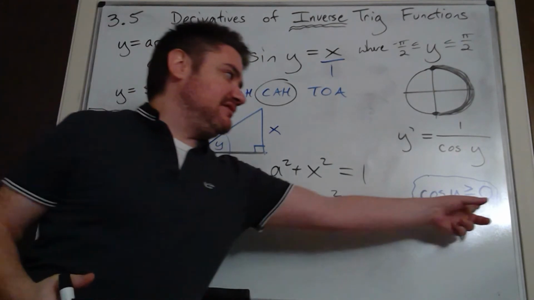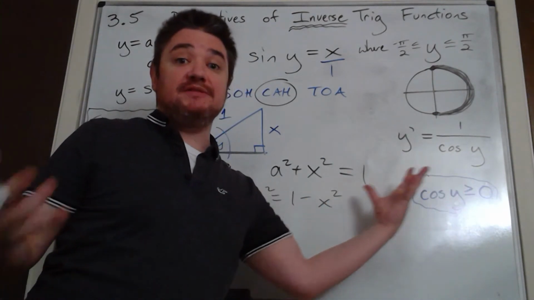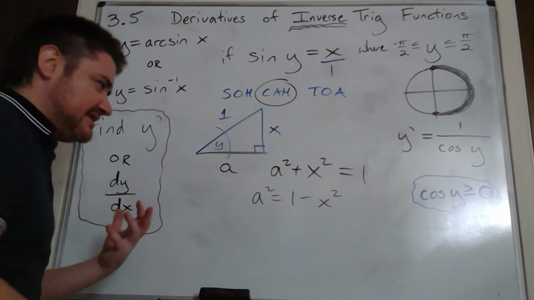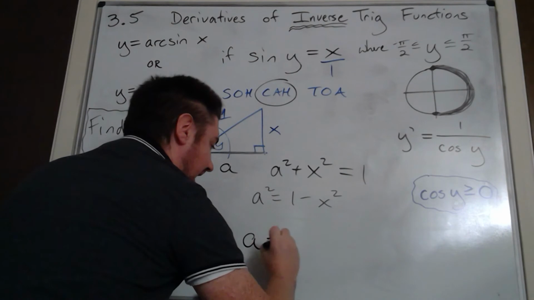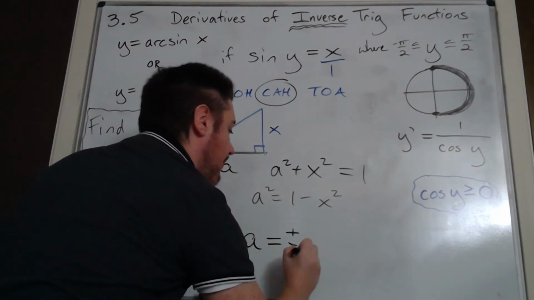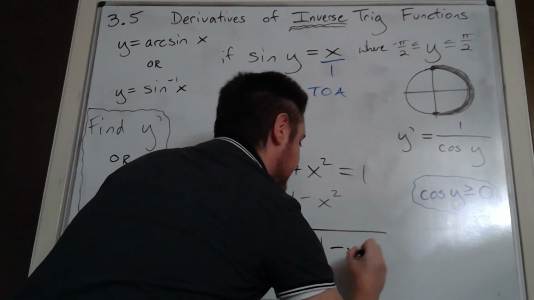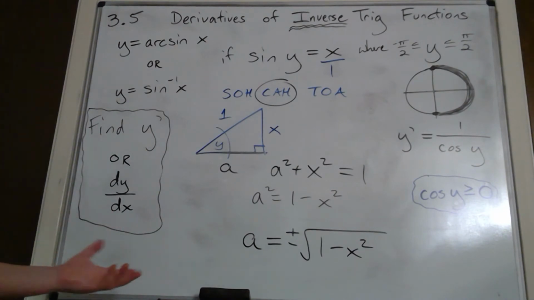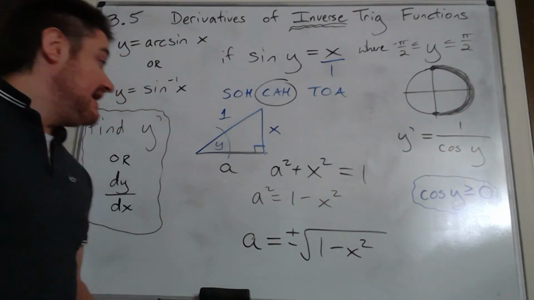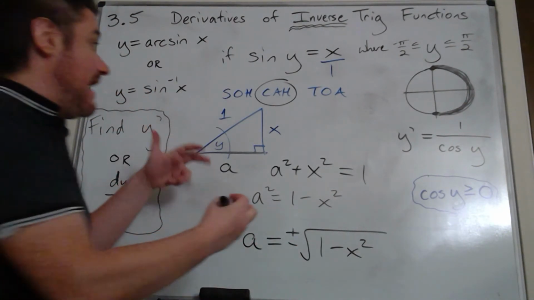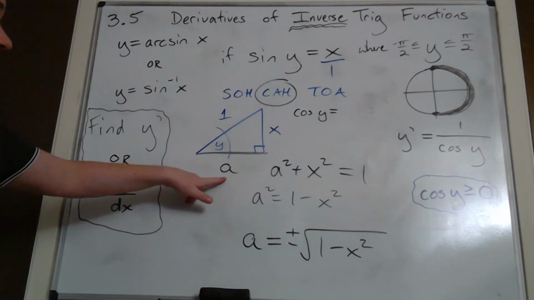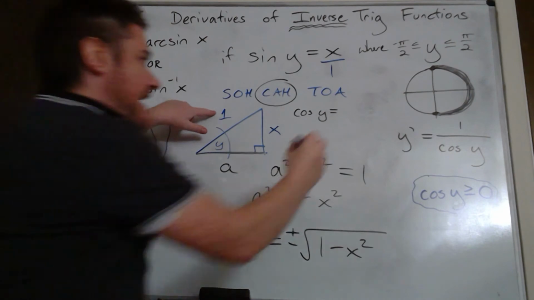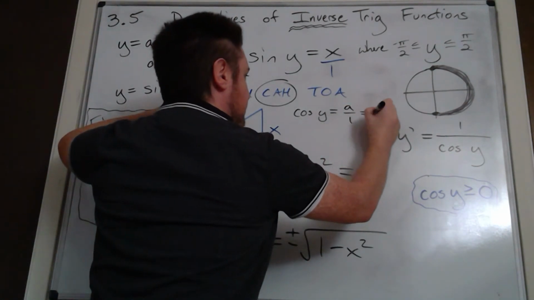And now is where this little caveat that cosine of y must be a non-negative number is going to come into play. Because technically, when I square root both sides here, I'm going to get that a is equal to plus or minus square root of 1 minus x squared. However, cosine of y is adjacent a over 1, which is just a.